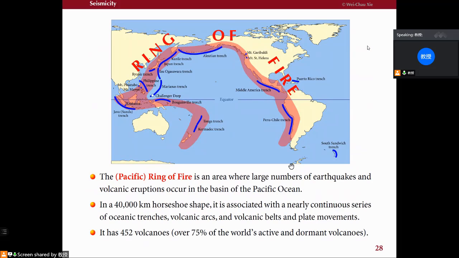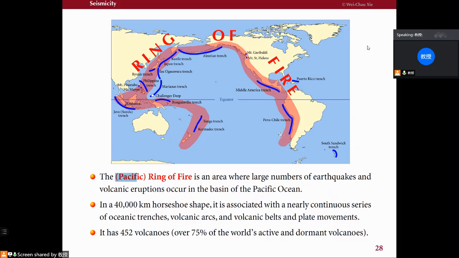Okay, so we all know this is the famous Ring of Fire. The Pacific Ring of Fire is an area where large numbers of earthquakes and volcanic eruptions occur in the basin of the Pacific Ocean, in a 40,000 kilometer horseshoe shape.